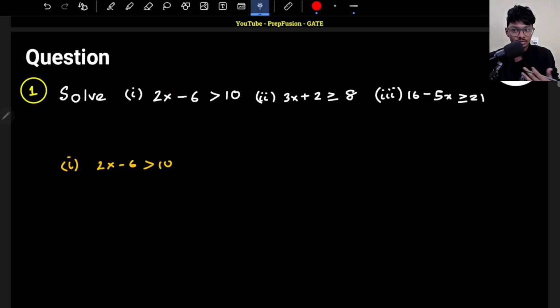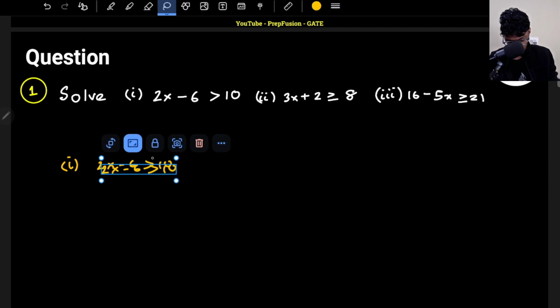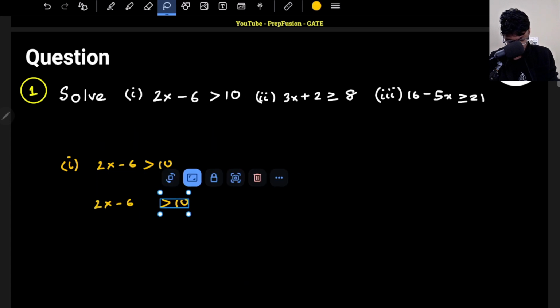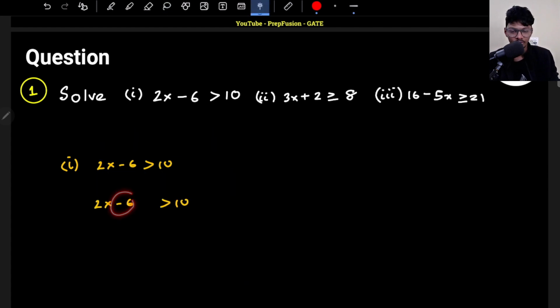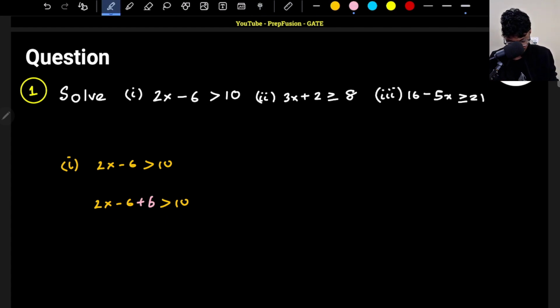But what we actually do is add 6 on both sides. This inequality stays the same. To remove this minus 6, because I want to keep x separate, I will add 6 on both sides.